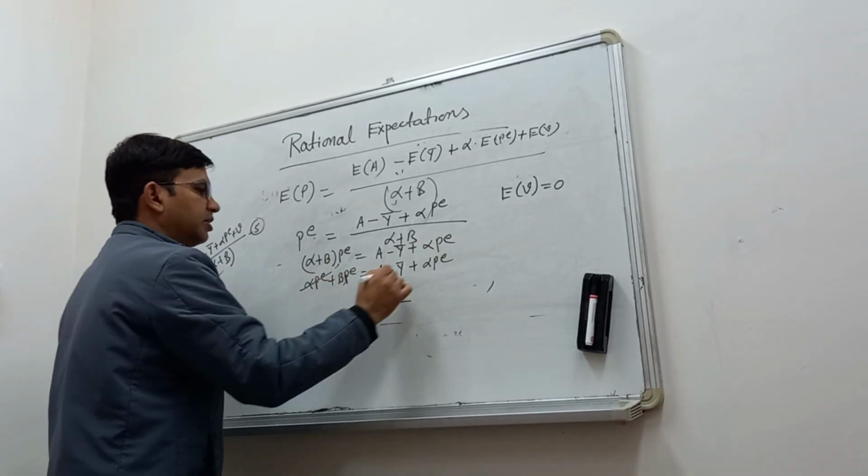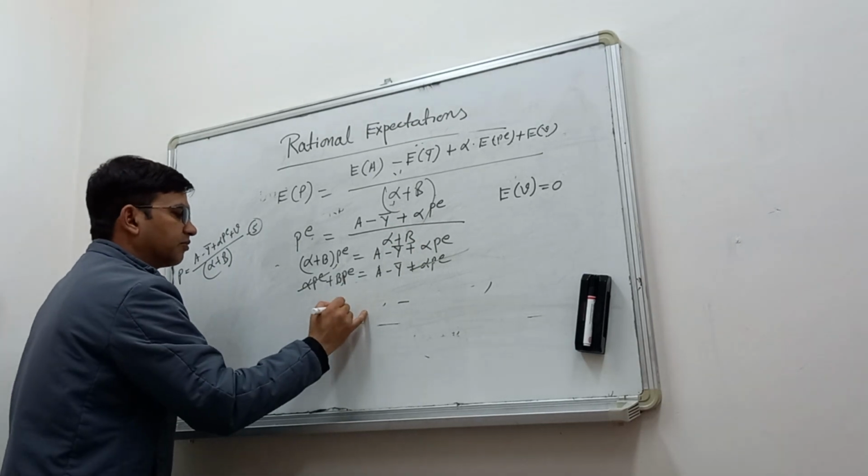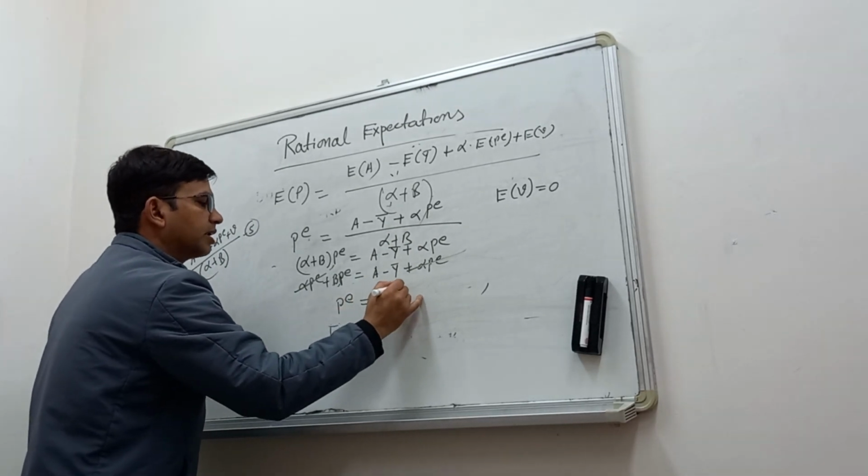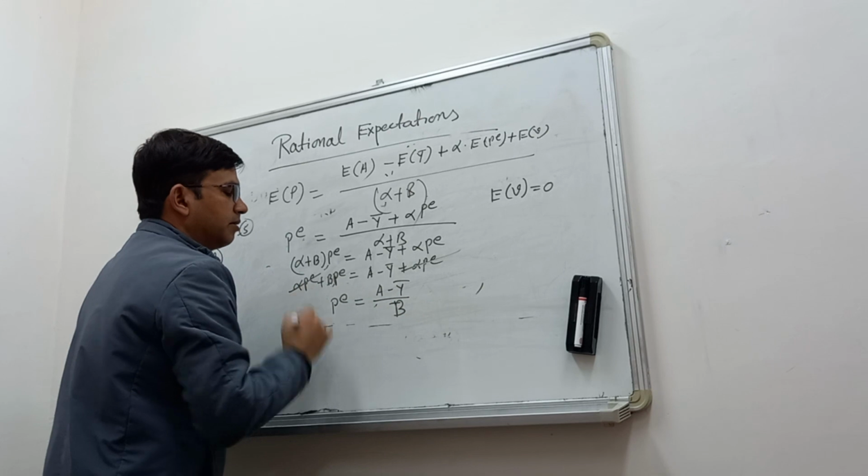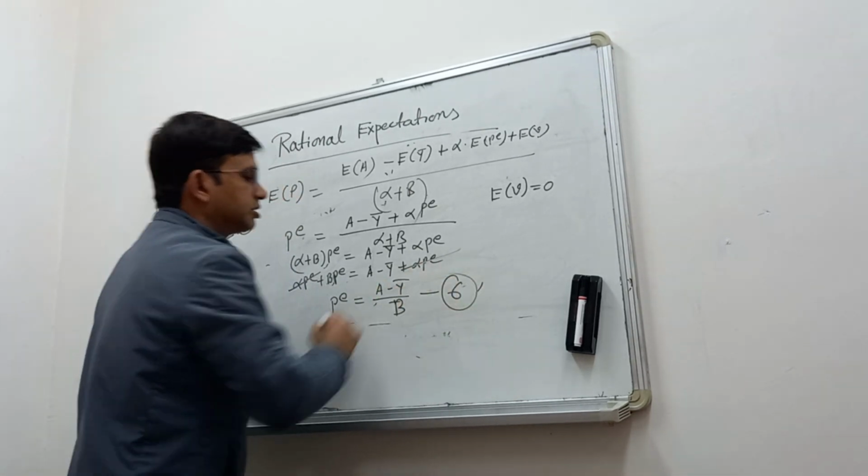So this alpha Pe will be dismissed. So finally we will get Pe equals A minus y bar by b. This is equation 6.